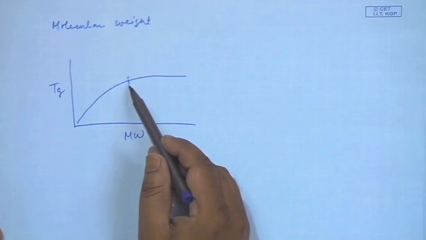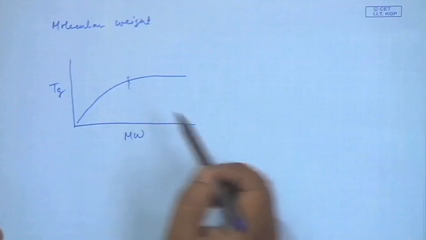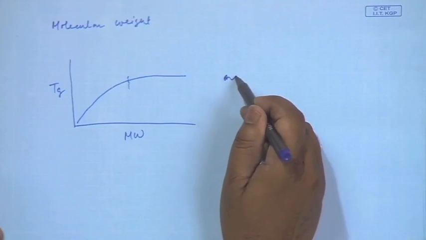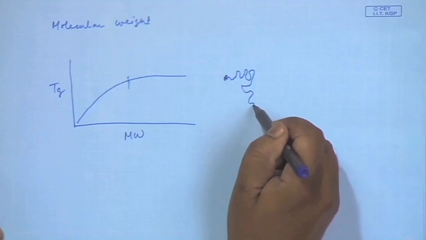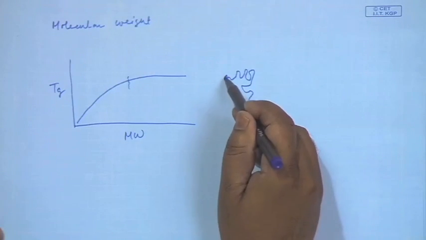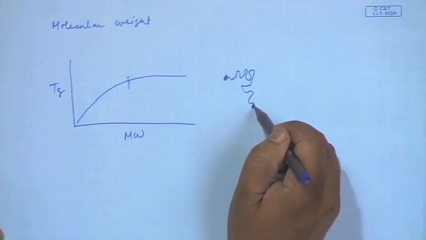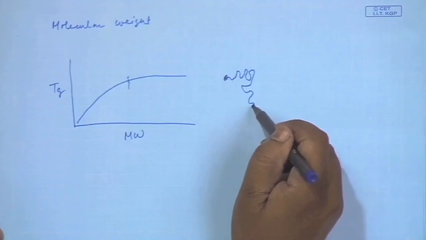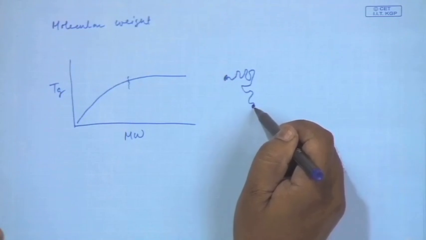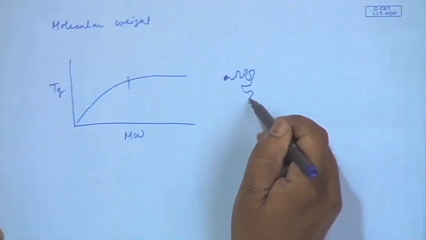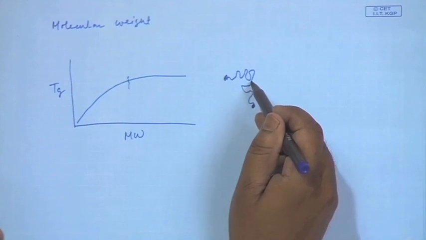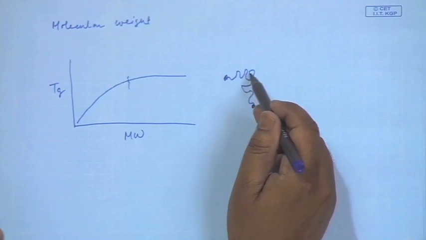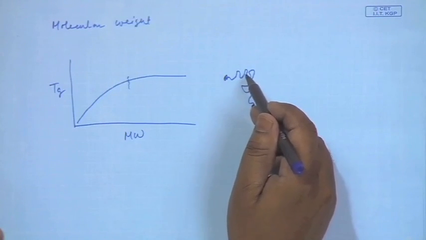It can be explained by the fact that for a polymer chain, the ends are more mobile, more flexible, because one of the sides is not tied up, whereas any segments in between are tied up from both sides.